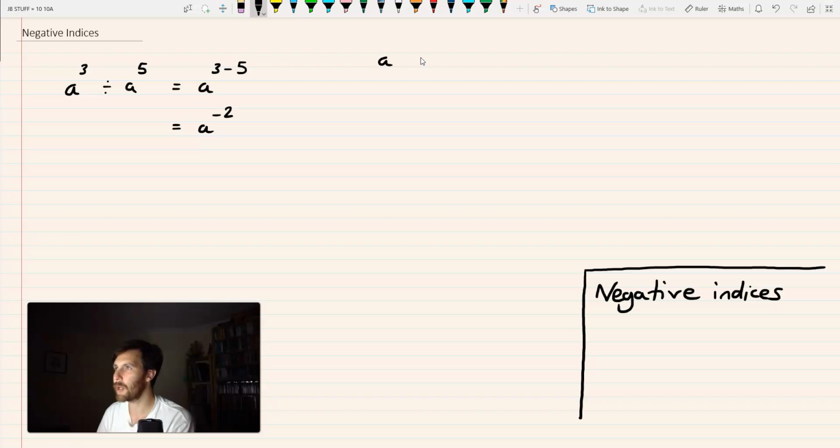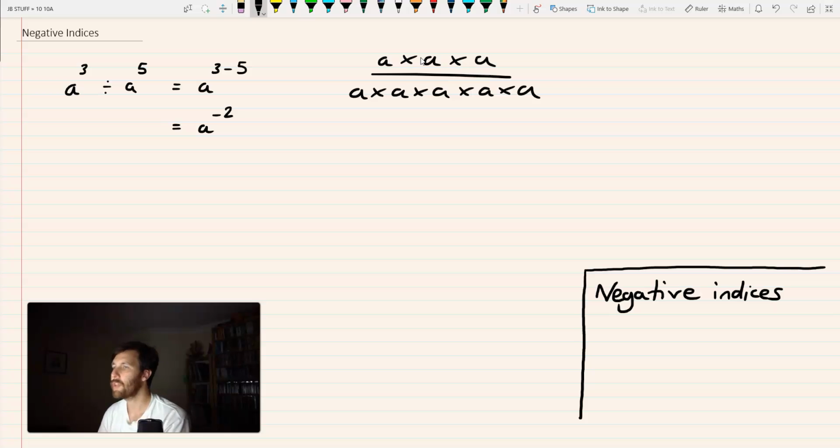What's going on here? So I'm going to rewrite this. So a to the power 3, I'll write as a multiplied by itself 3 times. I'm going to divide that by a to the power 5. So a divided by itself 5 times, like this. Okay, now I can cancel off a few bits here. A over A cancels to 1, A over A cancels to 1 as well, A over A cancels to 1 also.